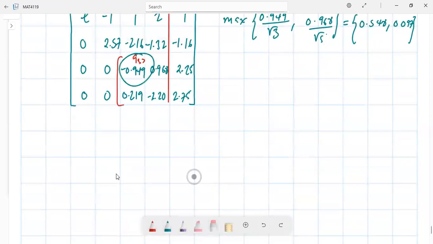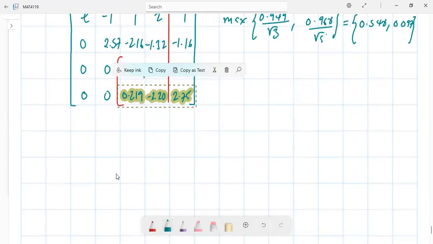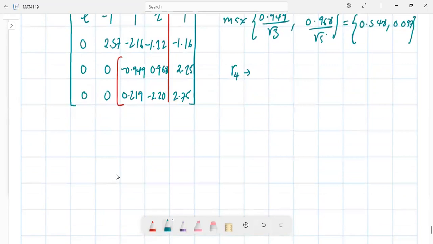So I have to reduce the element below it, right? And which element are we supposed to reduce? We have to reduce this 0.219 to 0. Okay, so we have to find again the same M for this single row we're trying to reduce. First of all, we get M. So to get M for that element, which is M fourth row, third column, M43, this becomes the element itself, A43, over the element A33, which is the pivot element we have chosen, right?